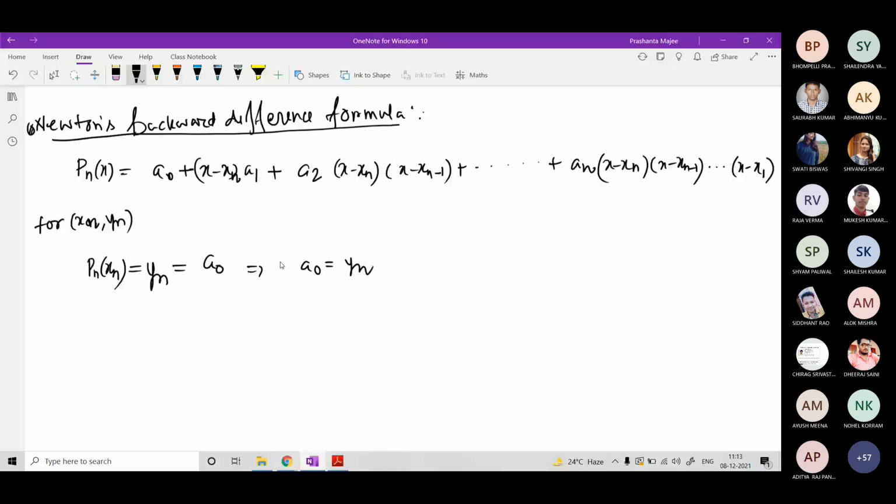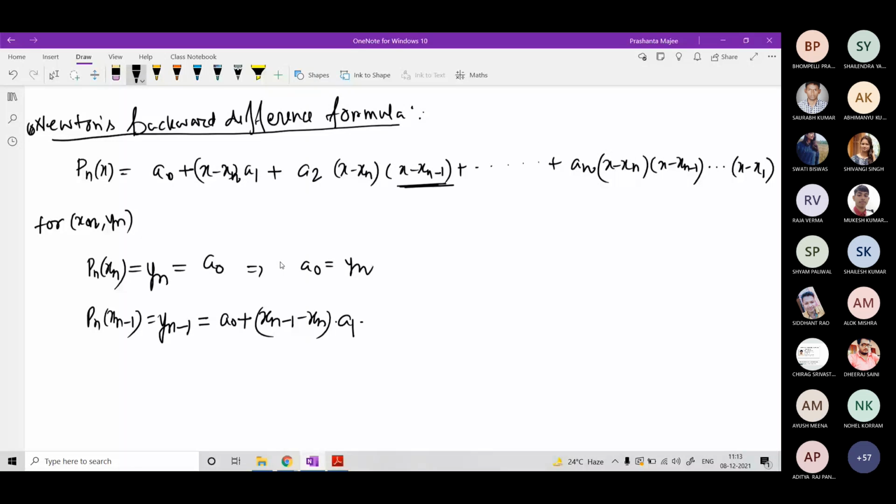Okay. What is Pn(xn minus 1)? That is yn minus 1. And what do you get from the polynomial? a0 plus (xn minus 1 minus xn) into a1, and the remaining terms will be 0 because each term will contain the factor x minus xn minus 1, and that factor makes each term 0.